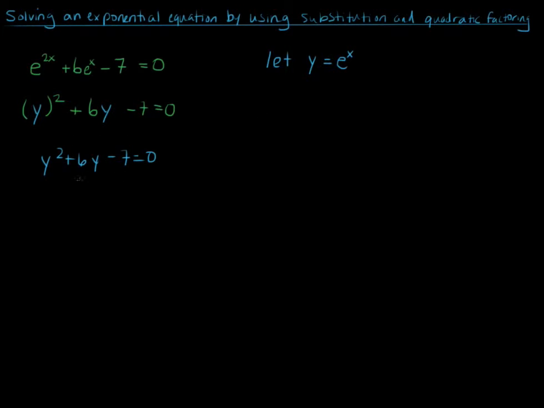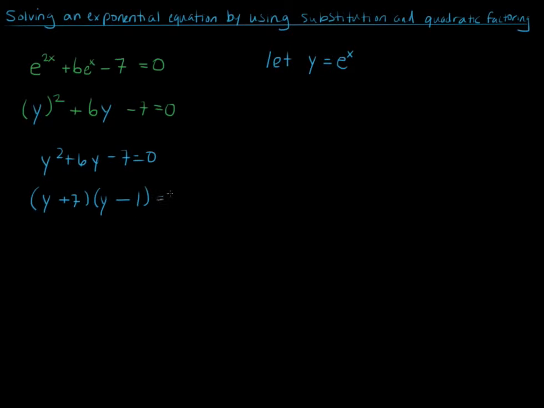Any variable is fine. So here, let's do our sort of unfoiling thing. We're looking for two numbers that multiply to be -7 and add to be 6. So I think it should be -7 and +1, right? And that should add up to be, oh, it should be +7 and -1. That was silly. Okay, so +7 and -1 will give me -7 when I multiply, and the middle term is +7y minus 1y, which is +6y.